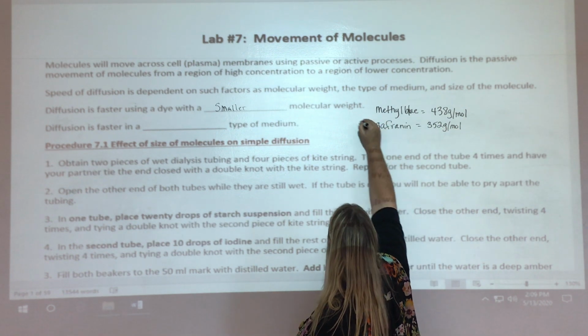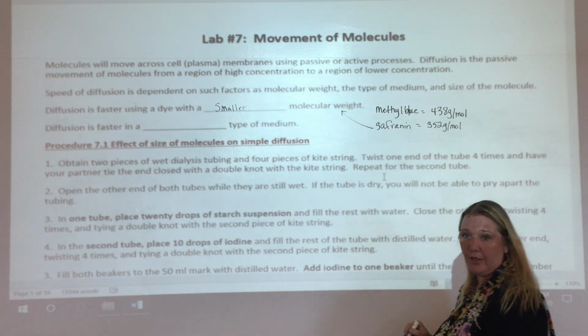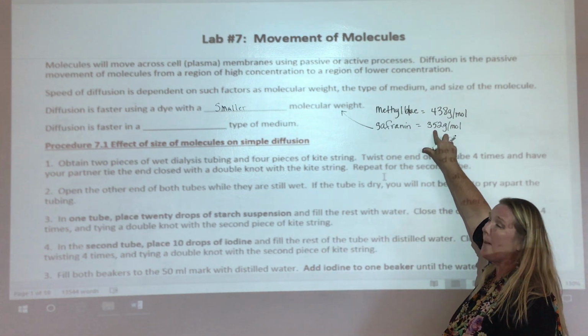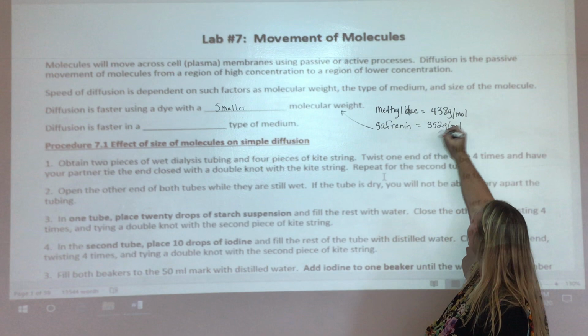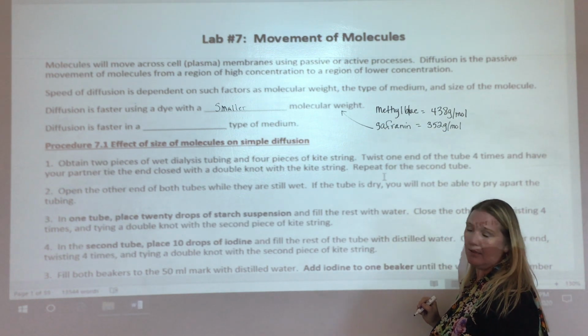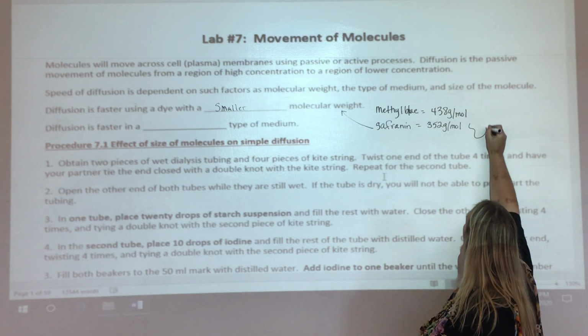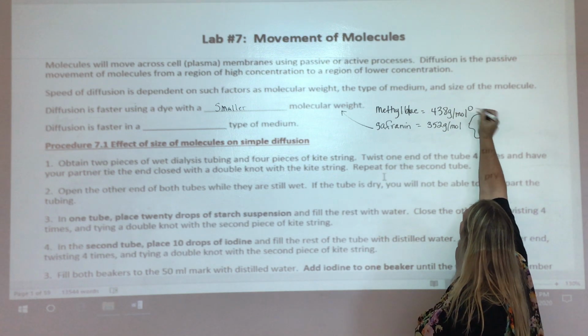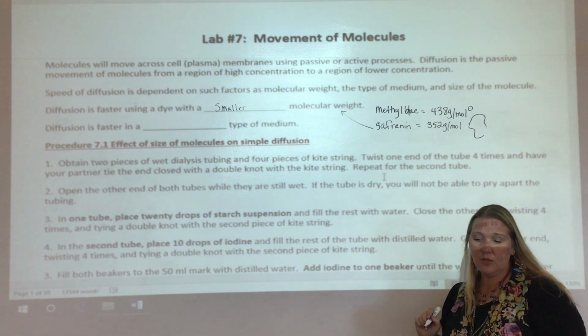Safranin is smaller. It's a smaller molecule, it has less molecular weight. So it is going to make a large blob compared to a small one, as you saw in that plate.